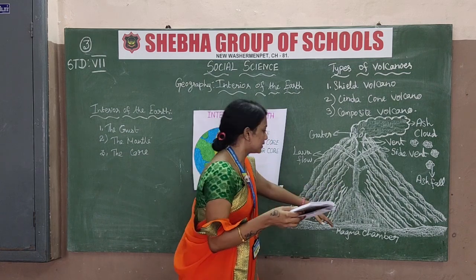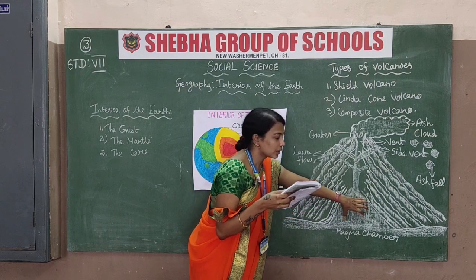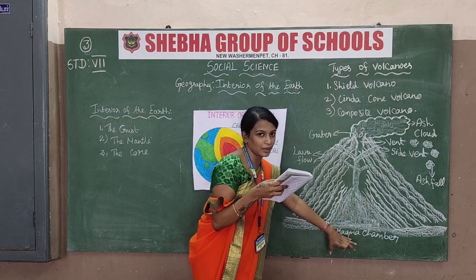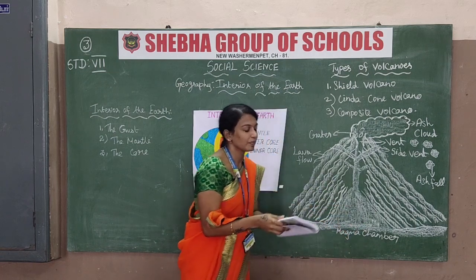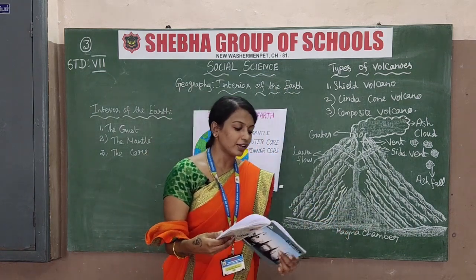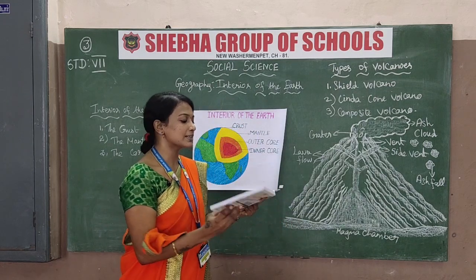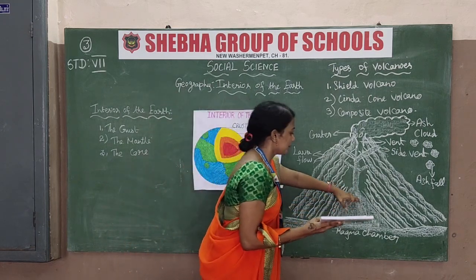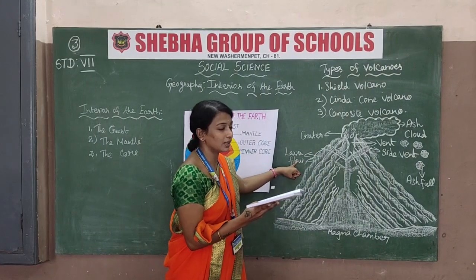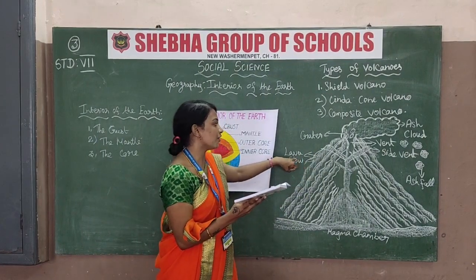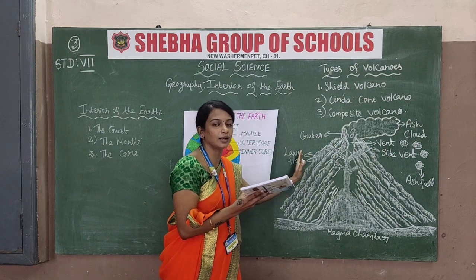This place consists of gases, and it is called magma. Actually, the magma chamber. After it rises to the surface it is called lava. So after it comes out of the magma chamber, this is called lava. I told you about the lava flow; when it flows, they call it lava flow.